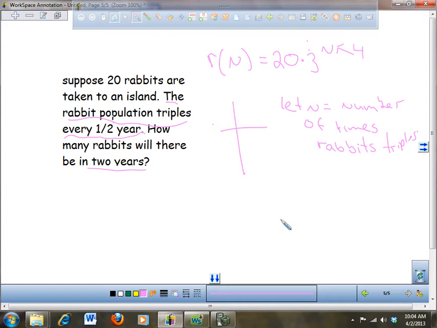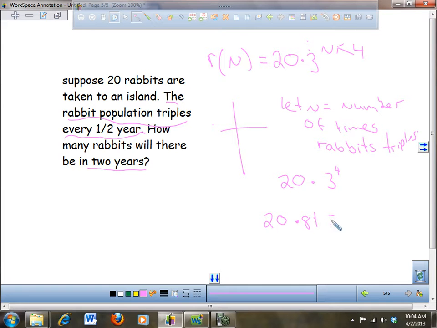So after 2 years, it's going to be 3 to the 4th. Anyone know what 3 to the 4th is? 3 times 3 times 3 times 3. I think that's 243. Is that right? What is it? 3 to the 4th? 81. Oh, it's only 81. I'm sorry. 81.